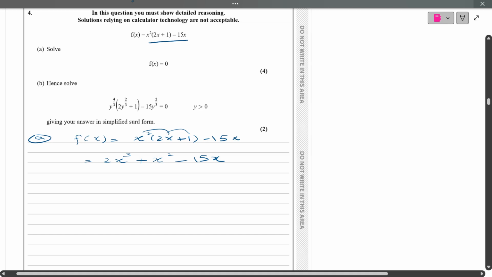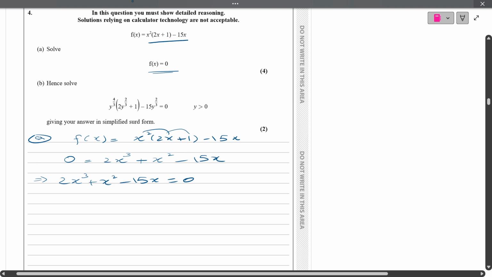They said f(x) equals 0, so I will replace f(x) with 0. Let's rewrite in the form 2x cubed plus x squared minus 15x equals 0.